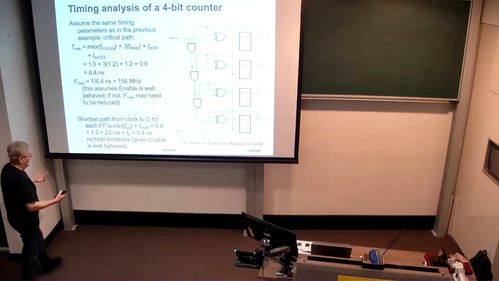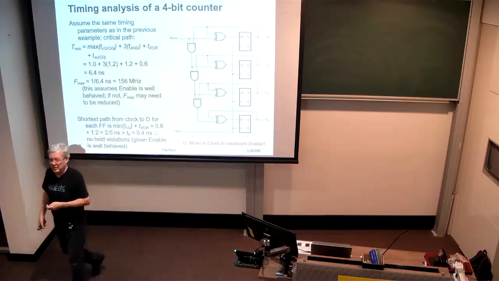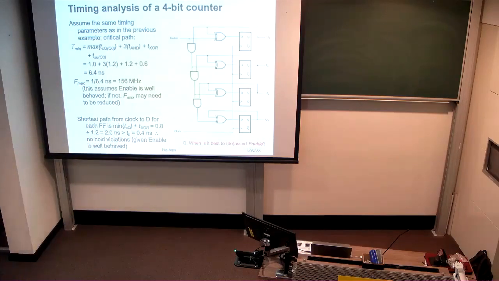So I keep talking about enable being well defined. When is it best to deassert enable here? Or assert it? Maybe you should think about what happens if the enable signal and the clock signal are synchronized. Let's say the enable changes at precisely the time that the clock signal changes.